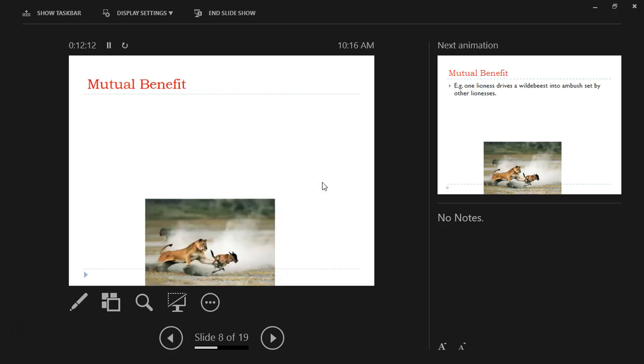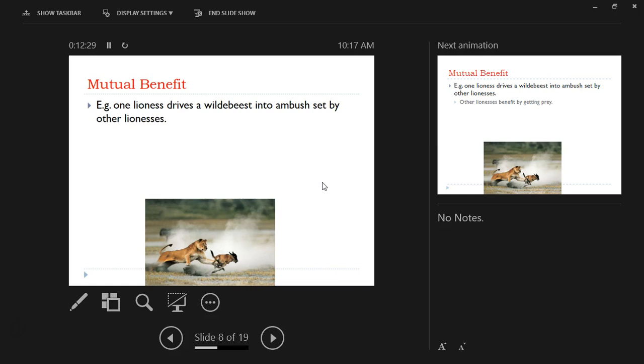But I want to focus on the two where the recipient is benefiting. So mutual benefit is a case like a cooperative act, where you see animals interacting with each other within a social group, and they're both benefiting from that particular interaction.